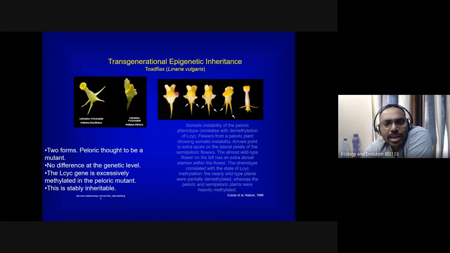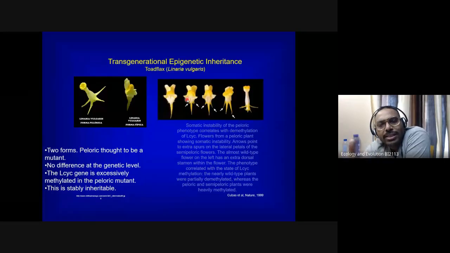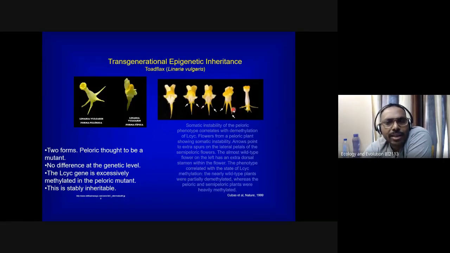So essentially, this is not a simple on-off qualitative Mendelian scenario. It's a quantitative thing. How much methylation is there determines the length of this spur, and therefore the exact phenotypic form of the spur. Okay.